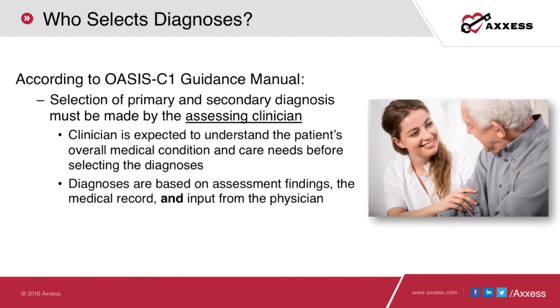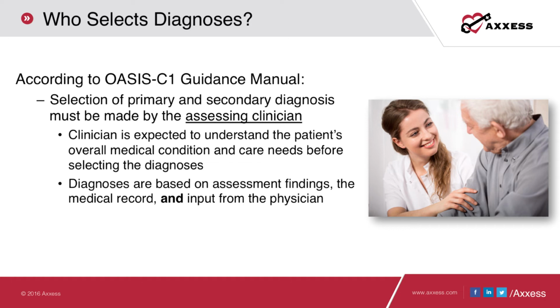But according to that OASIS C1 guidance manual, we learn that the primary and secondary diagnosis selection must be made by the assessing clinician. And that clinician is expected to understand the patient's overall medical condition and care needs before selecting the diagnoses. So in other words, you can't start adding diagnoses before you see the patient.